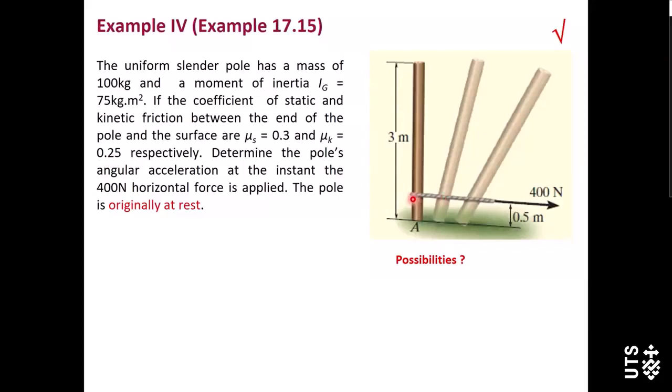At this point, there is an external force. This force is horizontal. It's 400 Newton. The distance from this acting point to the contact point A is 0.5 meter. The task here is to determine the rod's angular acceleration at the instant when this external force is applied.